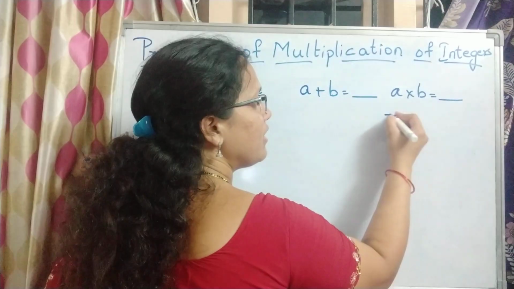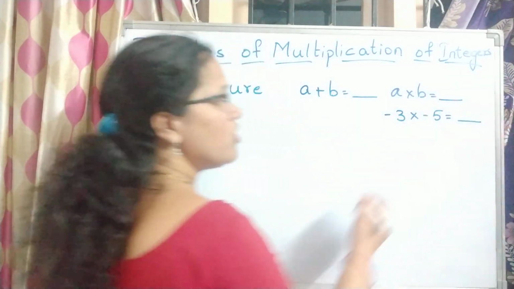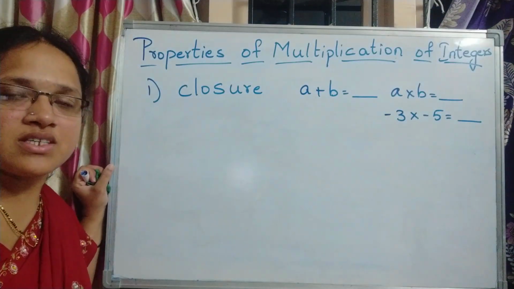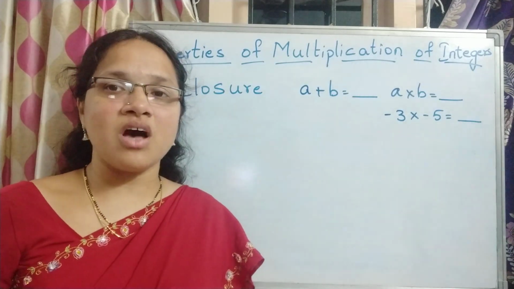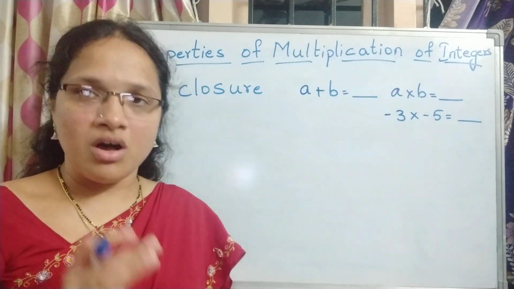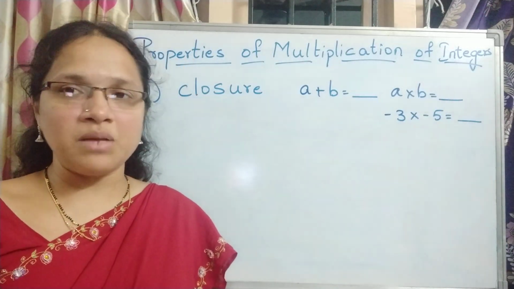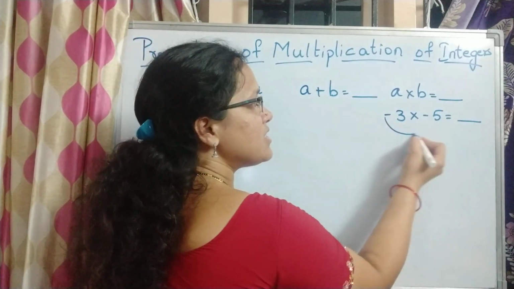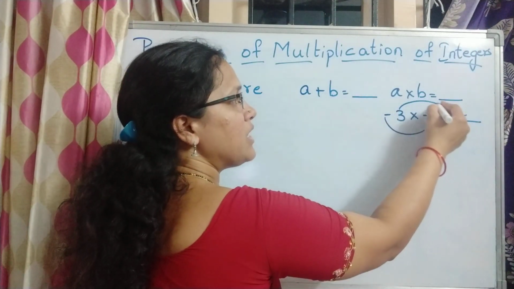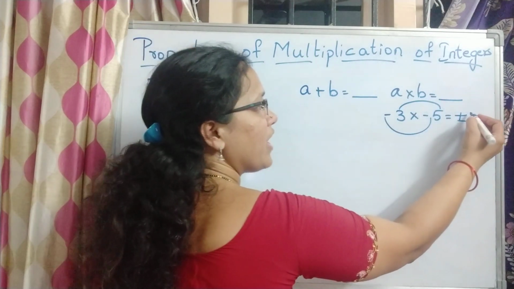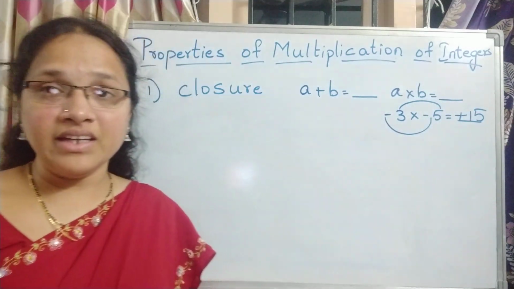For example, minus 3 into minus 5. When you are multiplying two integers, go to multiplication of same integers. First, observe minus 3 into minus 5. Second step is to multiply the signs. Minus into minus gives you plus. Then multiply the numbers. 3 into 5 gives 15. Plus 15 is an integer. Yes or no?